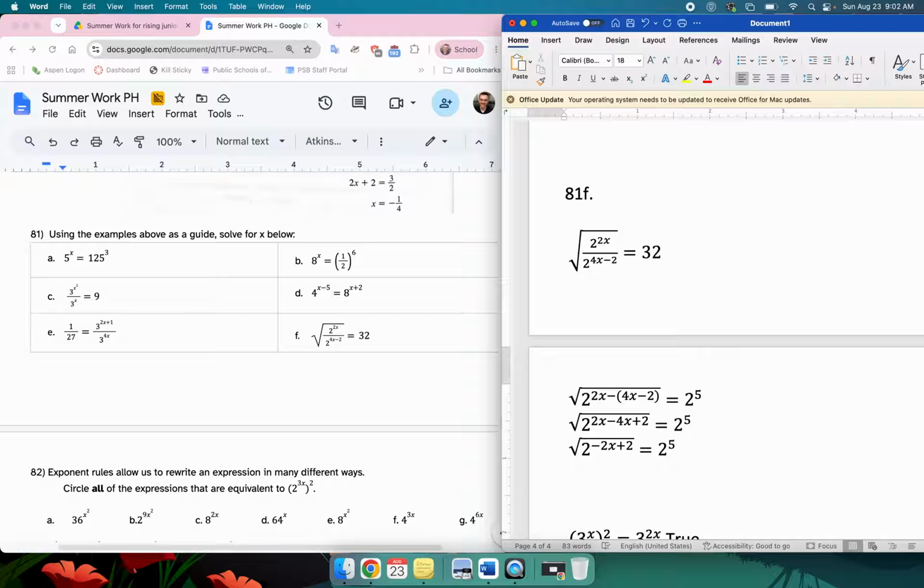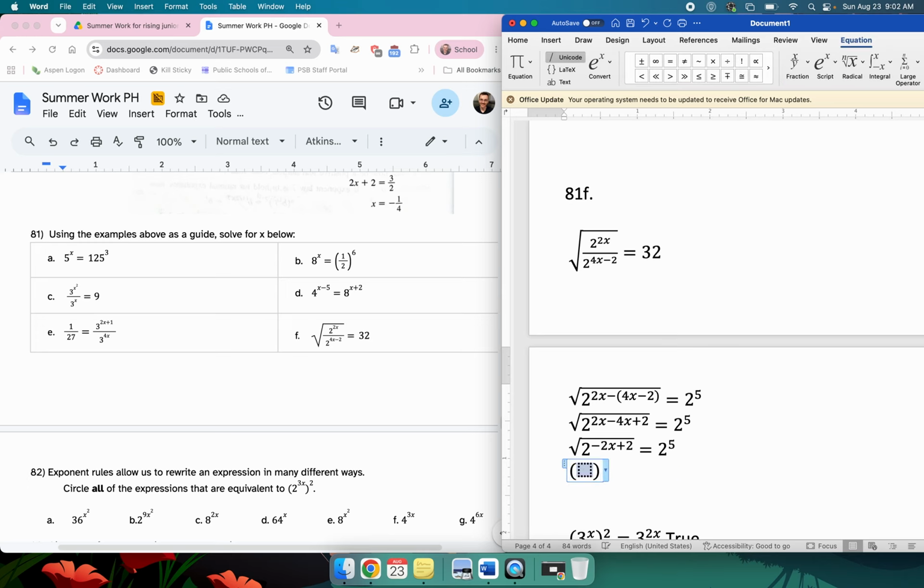Okay, after this, you might be inclined to say I should square both sides. You can square both sides to get rid of the root, that's fine. But you could also, on the other hand, just say that taking the square root of that expression is the same thing as raising it to the 1/2.